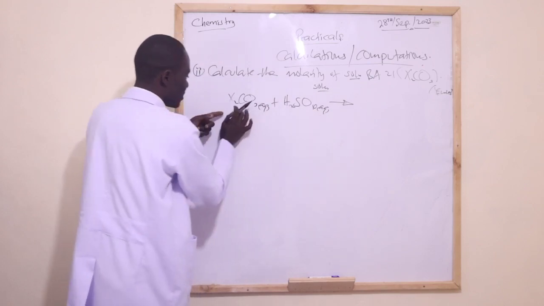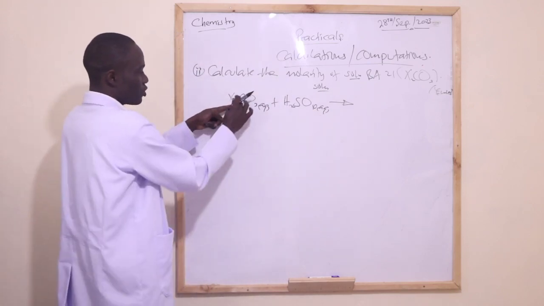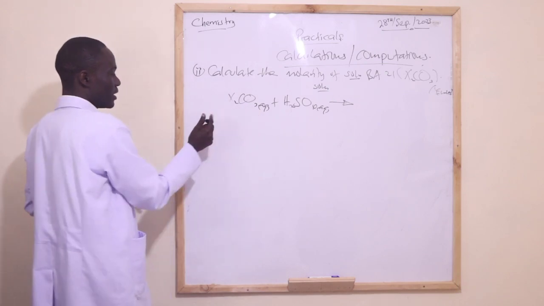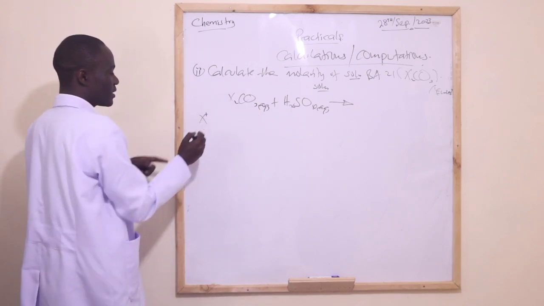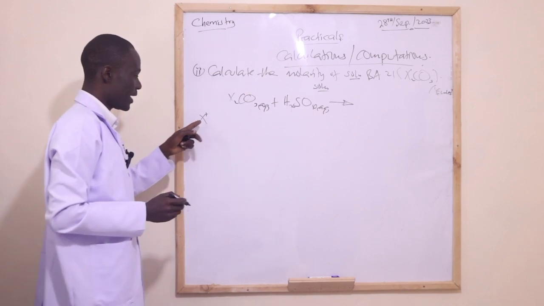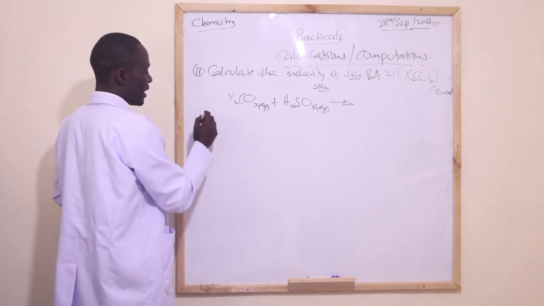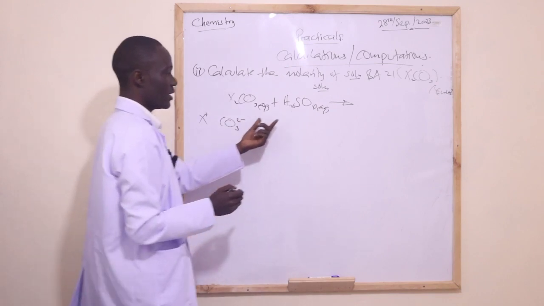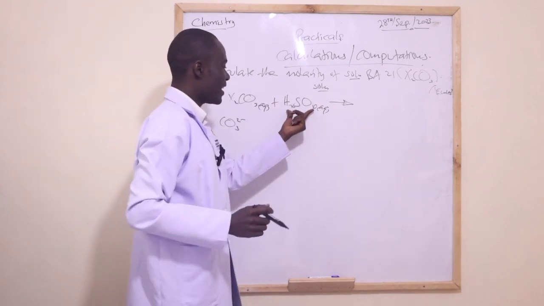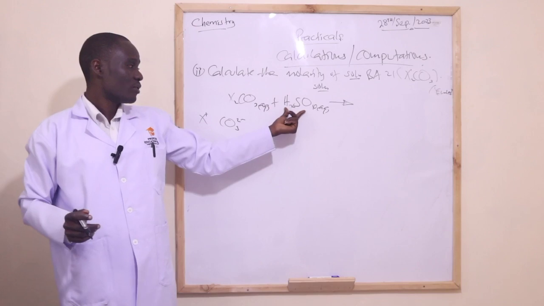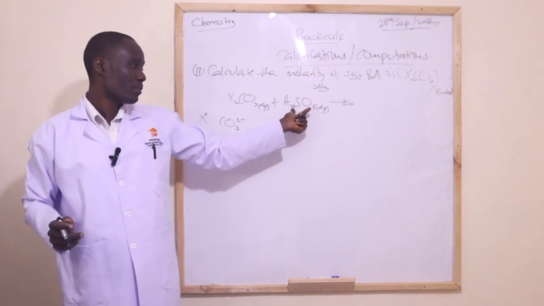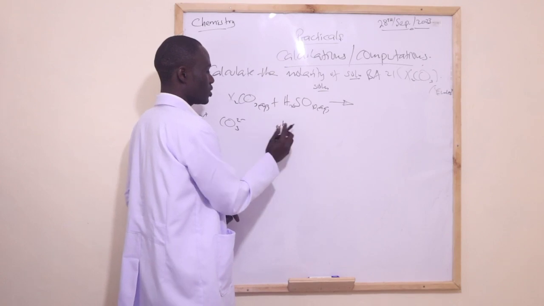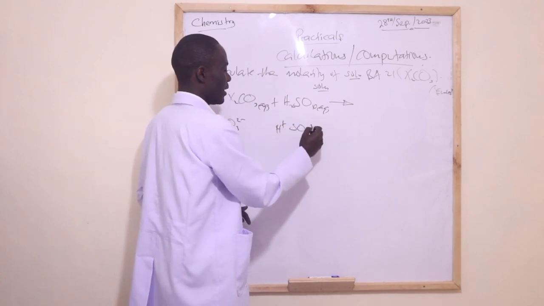This will break into X positive ions and the carbonate ion. Like any other acid, this sulfuric acid will decompose to liberate hydrogen ions, and of course sulfate ions or radical.